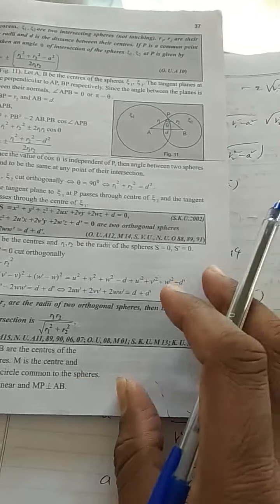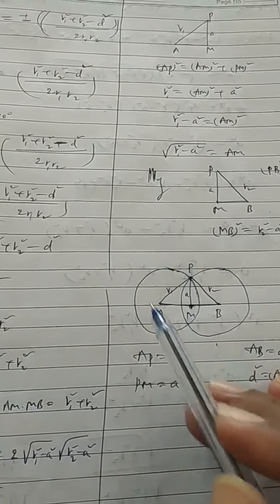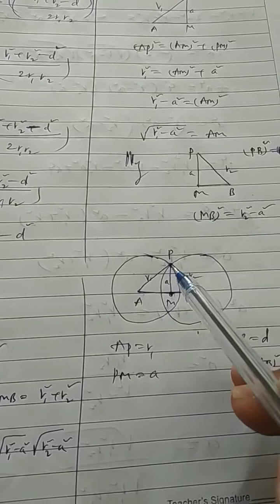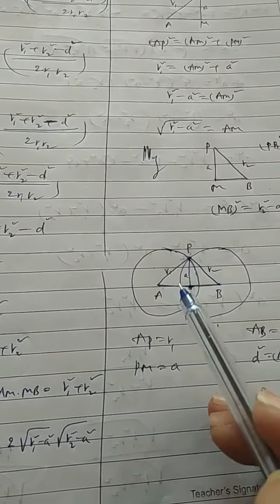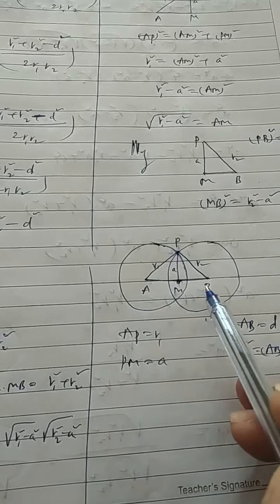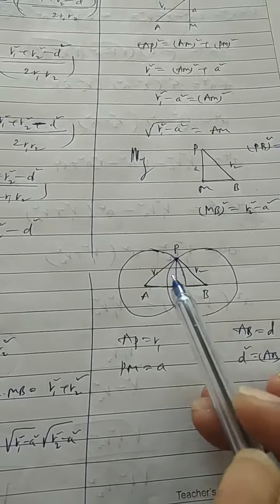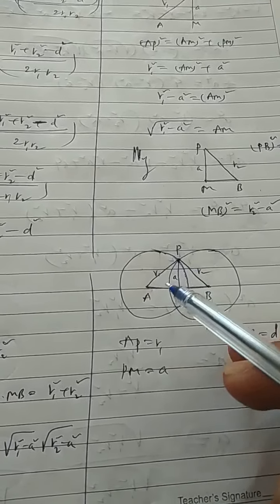So first, given two spheres orthogonal means theta is 90 degrees. This is sphere 1, this is sphere 2, and the orthogonal condition is 90 degrees. So this is point P, point A, point B. A is the first sphere center, B is the second sphere center, and this is the first sphere radius, this is the second sphere radius.